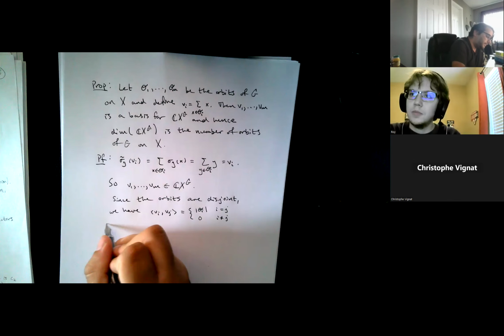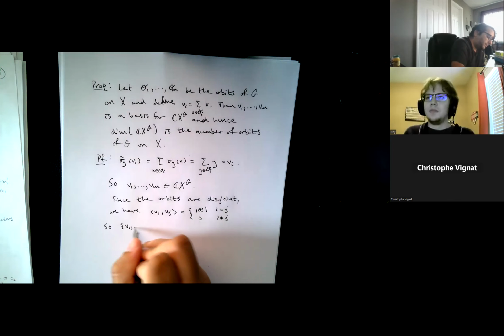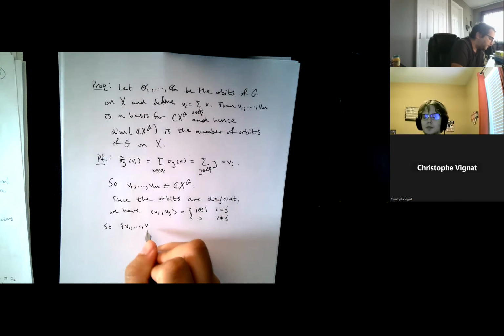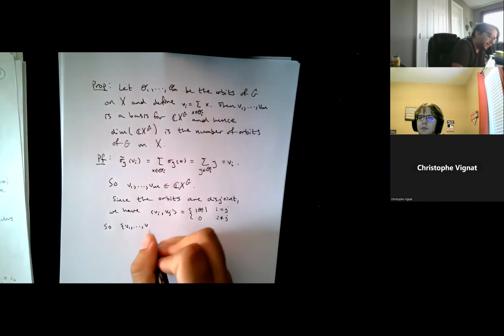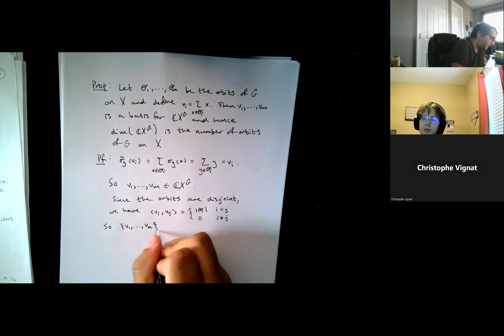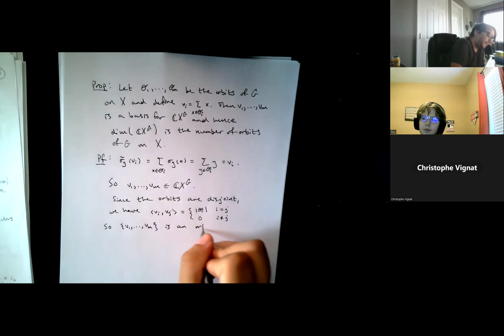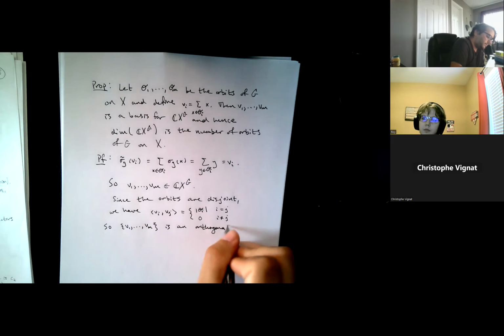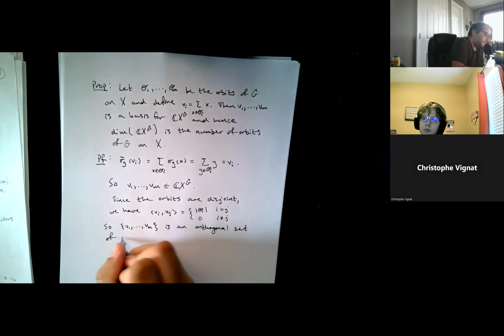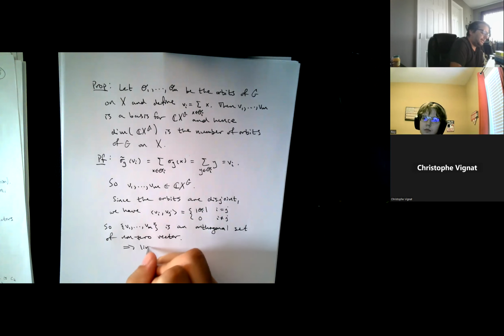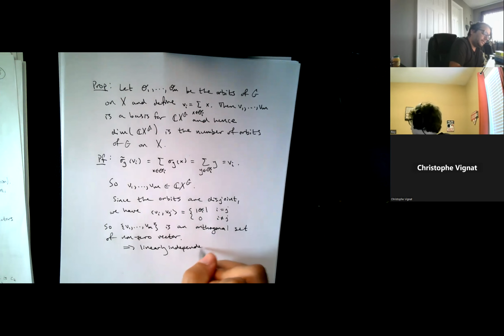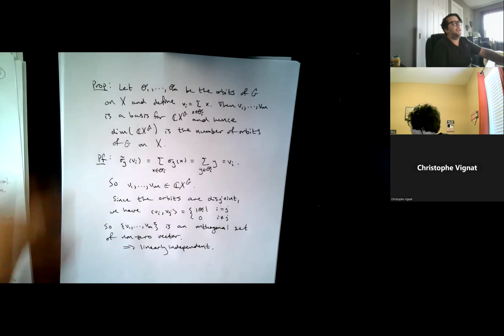And so V1 through VM, I wrote S here, I think I want an M, yeah, let's just use M, is an orthogonal set of non-zero vectors. But this implies that they're linearly independent. Remember, orthogonal vectors are linearly independent.